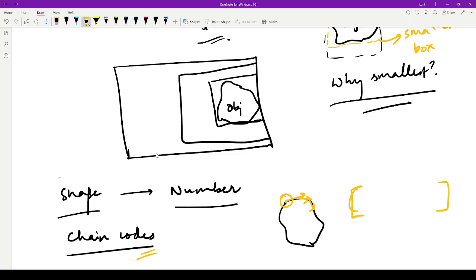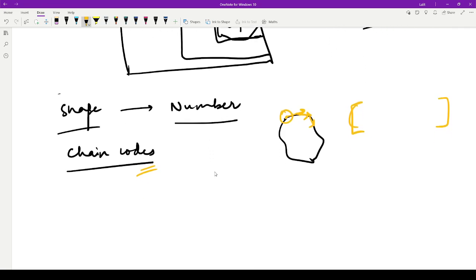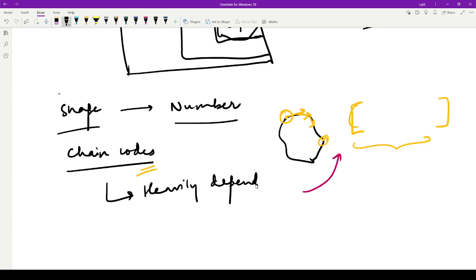The problem is it's not good enough to just get a set of numbers, because if I change the starting point, the set of numbers will change completely. Or if you rotate the object in this specific direction, even if you keep the same starting point, you will get a different set of chain codes, because this is heavily dependent on the direction that you are measuring.